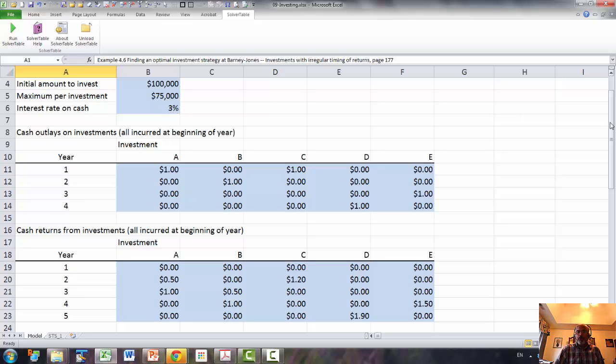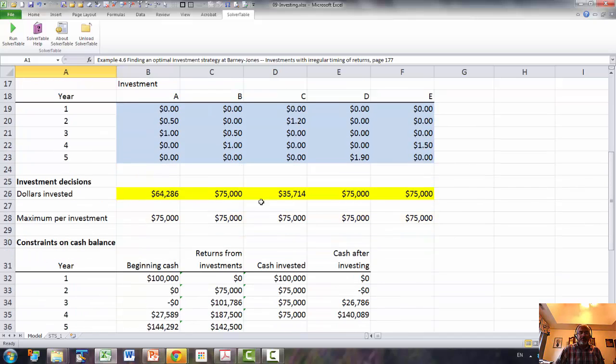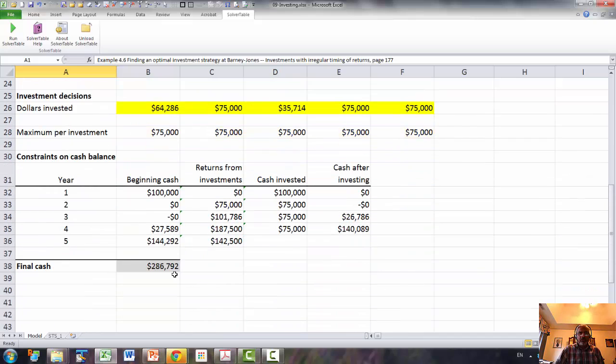Now the output, instead of wanting to look at the dollars invested or the final cash position, let us suppose that we want to look at what is the maximum cash position that we have on hand. Okay. But that's not calculated in the model. So we need to calculate that and put that in a separate place.